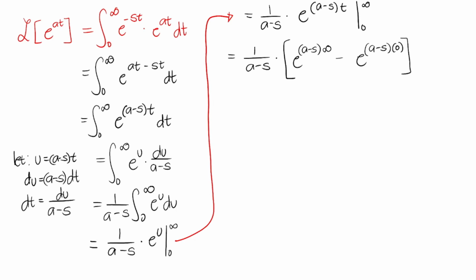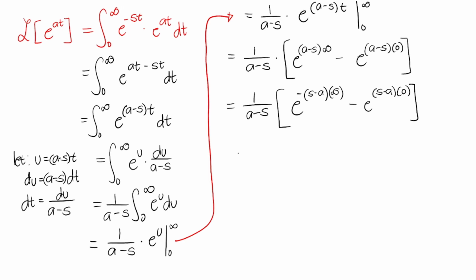Pwede natin gawin, from a minus s, factor out natin yung negative sign. So this will become 1 over a minus s, e raised to negative s minus a times infinity, pati dun sa kabila, s minus a times 0. From here, makikita natin that this is e raised to negative s minus a infinity.